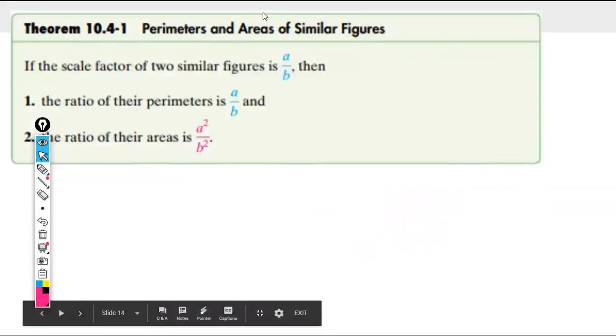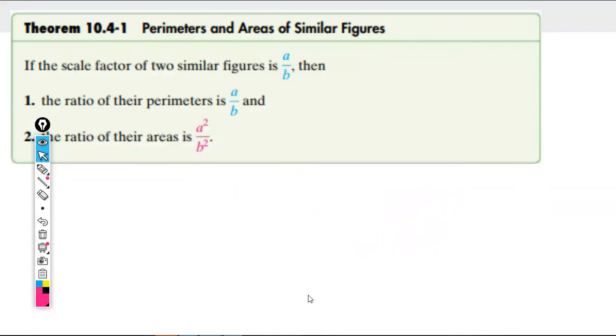Okay, so for this one, we have to talk about perimeter and how it relates to the area here. When you have a scale factor of two similar figures, that means the ratio of their perimeters is also the same.